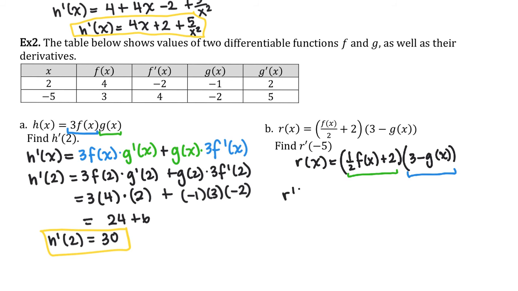Okay, r prime of x equals the first function times the derivative of the second function. The derivative of 3 is 0 minus g prime of x.